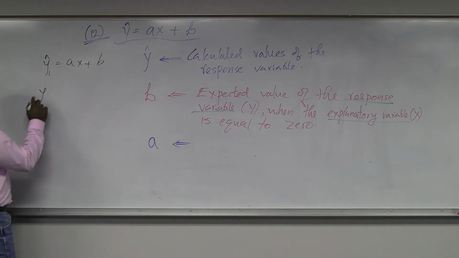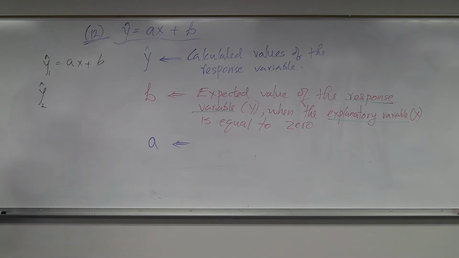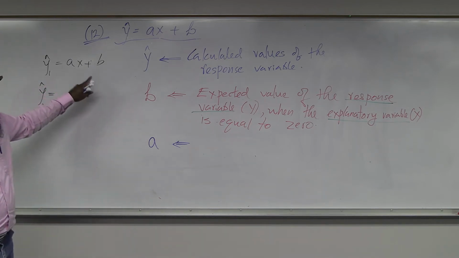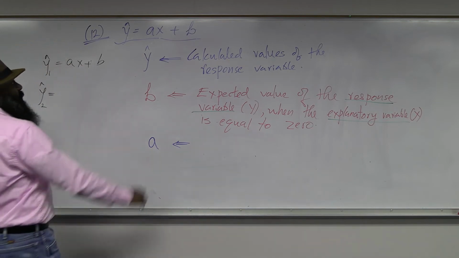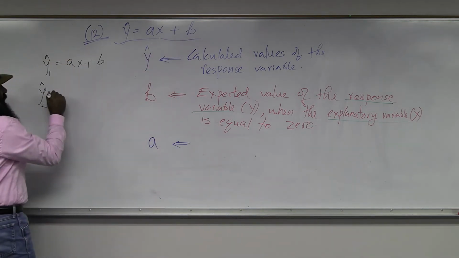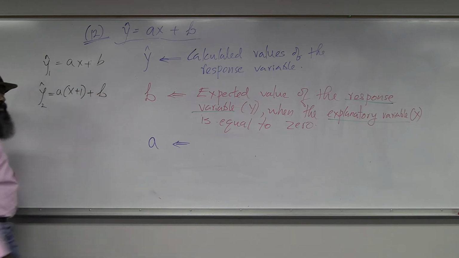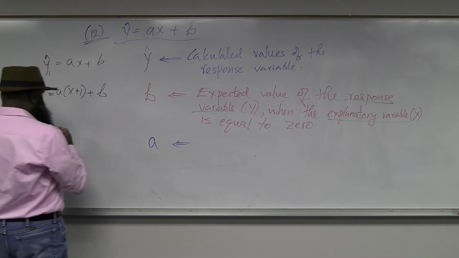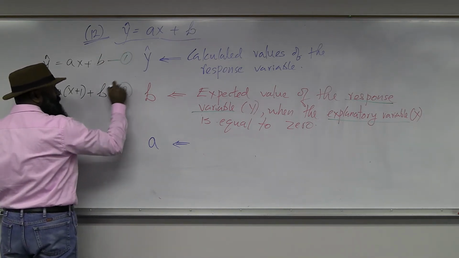So the new calculated y value, I'm going to label it as y hat sub 2. Now what I did was I just increased the value of x by 1 unit. So earlier it was x, now it should be x plus 1. So if I put x plus 1 for this equation, it will be a times x plus 1 plus b. I'm going to label these two equations as first equation and the second equation.